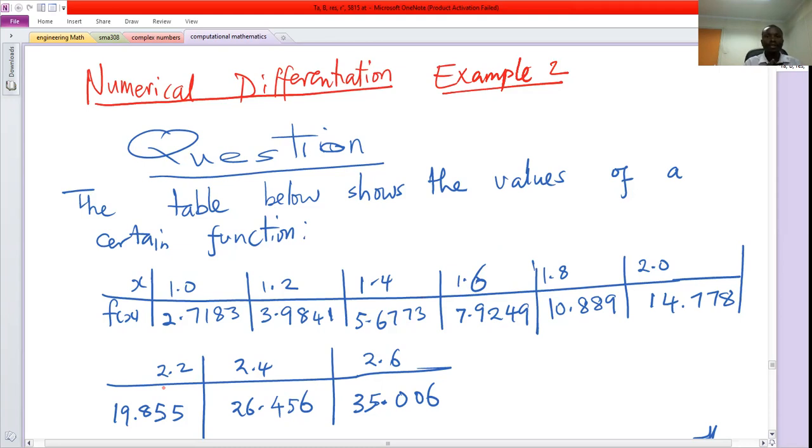The value of the function is 35.006. So that is the table given.